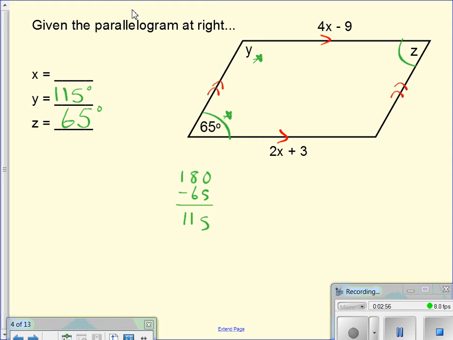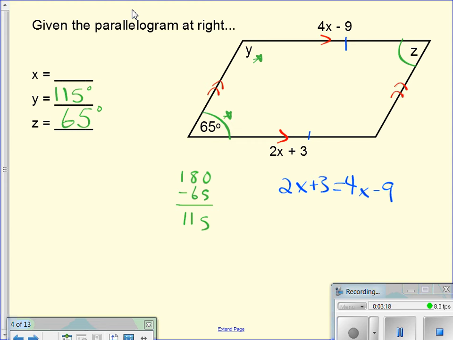And lastly, the first property that we looked at is that opposite sides are parallel and congruent. I've got them marked as parallel already, but I can also mark them as congruent. Therefore, 2x plus 3 is equal to 4x minus 9. That takes me back to my good old Algebra 1 days.